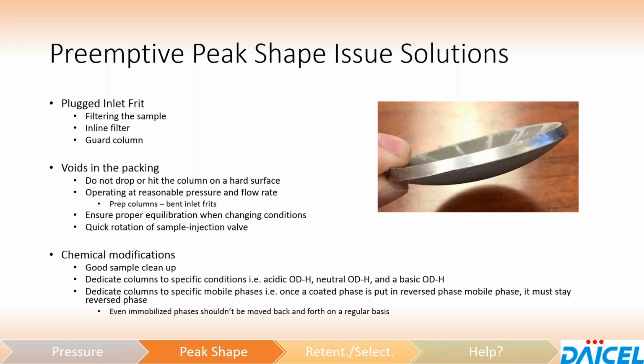However, even with those, we recommend that you dedicate a set just for reversed phase, and a set just for normal phase, because moving them back and forth too often can end up leading to shortened column life. So whatever you can do to protect your investment is a good thing. It's a little bit more upfront cost, but long term, you're probably going to save yourself in the end.